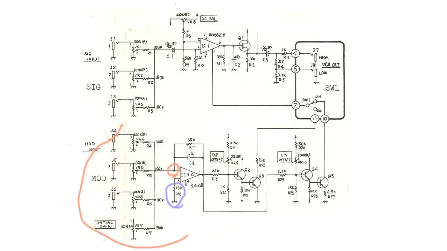And if this was an ideal op-amp, you wouldn't need that 15K there. But the 4558 has BJT inputs. It doesn't have the super high input impedance that you would get with JFET or MOSFET inputs. And what this resistor is basically doing is compensating for some of those non-ideal effects. So just know that that's there.